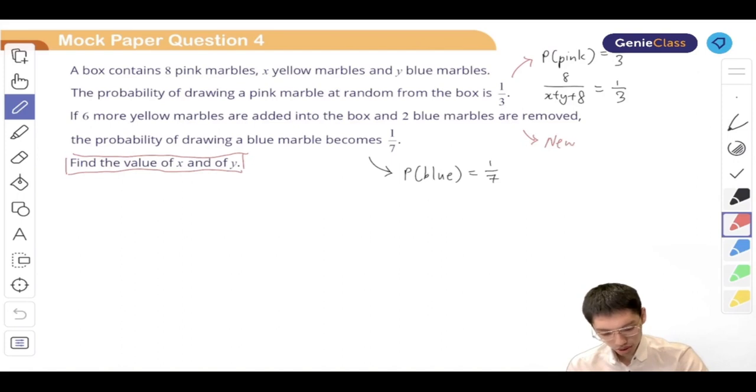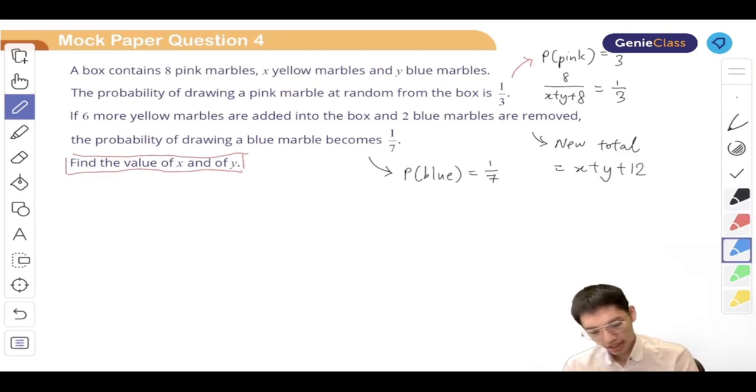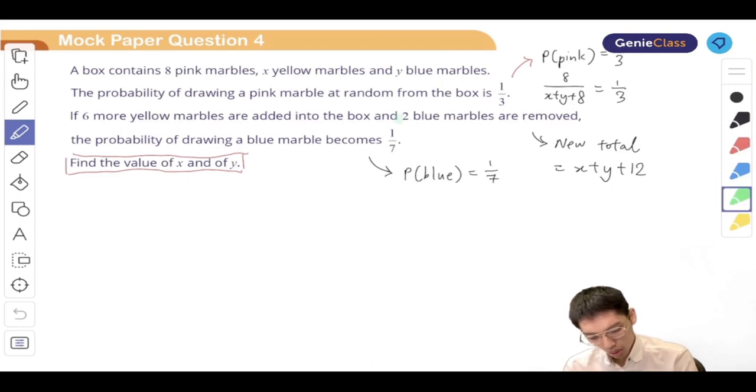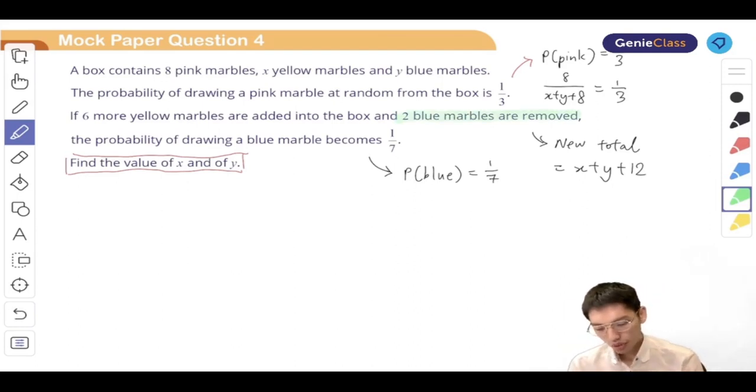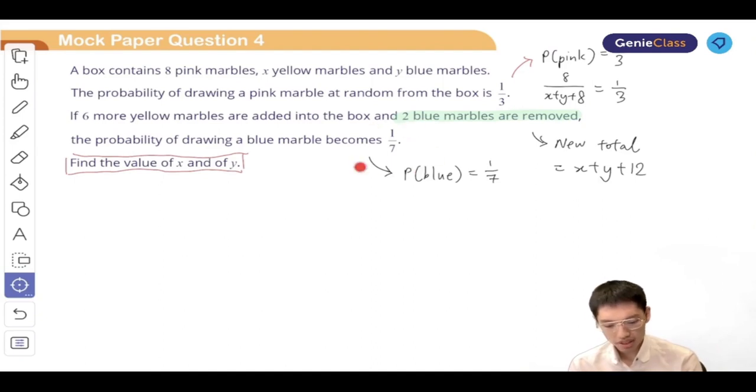We know the new total is equal to x plus y plus 12. And we know this additional case as well.